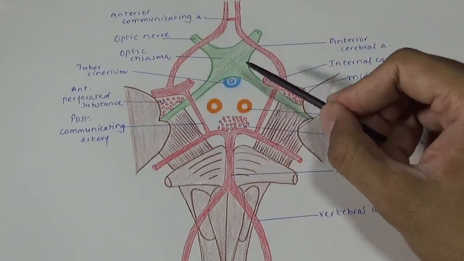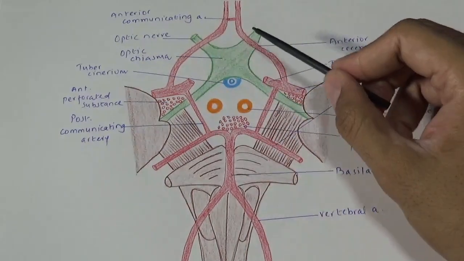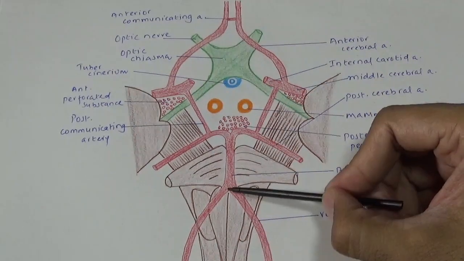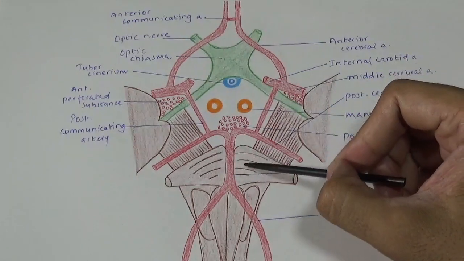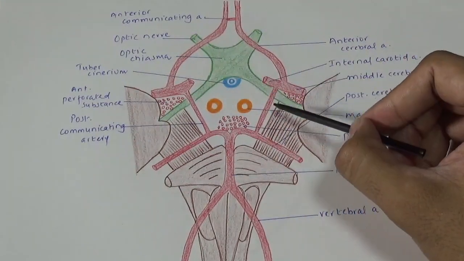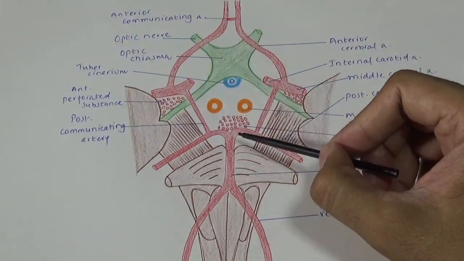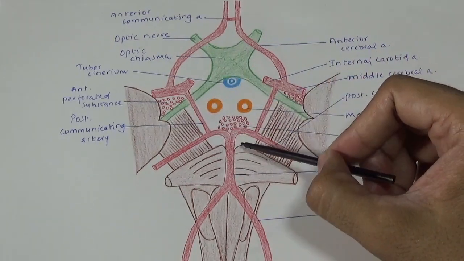Now let's see some portion of circle of Willis. All around this interpeduncular fossa you will find arteries, and these are the branches of internal carotid and fourth part of vertebral artery, and they form a circle of Willis around this interpeduncular fossa. Particularly this circle of Willis is found in subarachnoid space. Now in relation to this interpeduncular fossa, the subarachnoid space is expanded, and then it is termed as subarachnoid cistern.